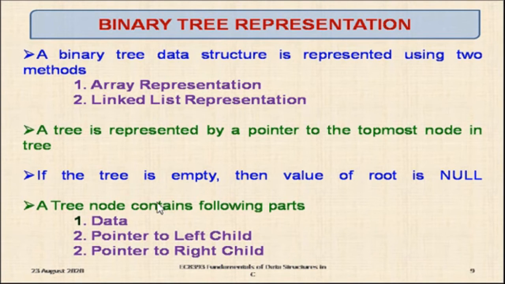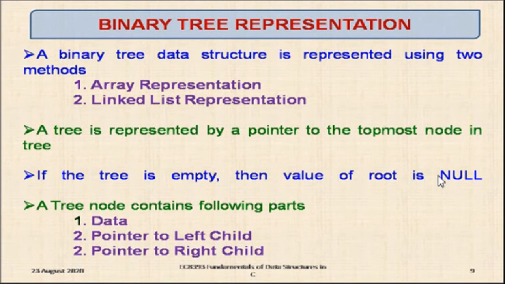Okay, the topmost node of the tree is called the root of the tree, and other nodes are called the tree nodes. So every tree node is having three parts: data, pointer to the left child and pointer to the right child. Suppose the tree is empty, then the value of root is null. That is a null pointer.